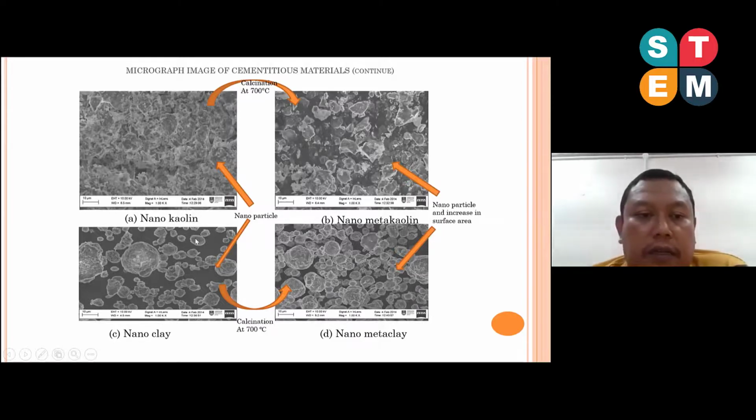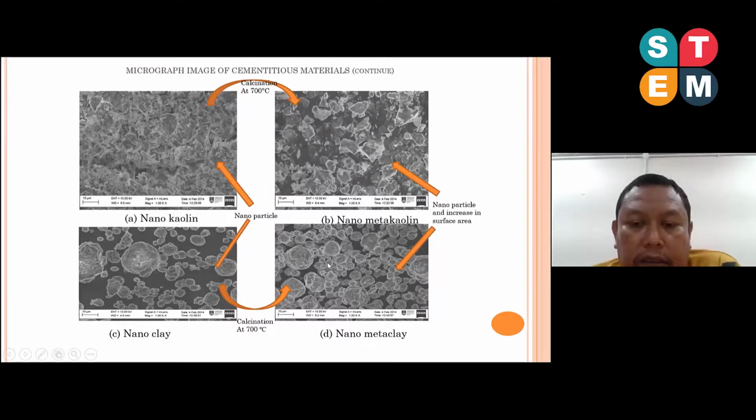These single plate flake elements represent the reactivity of that particular nanometakaolin in terms of silica and also alumina. The same goes for the SEM image in C, which represents nanoclay. A unique image of nanoclay captured by SEM shows a rounded shape element.